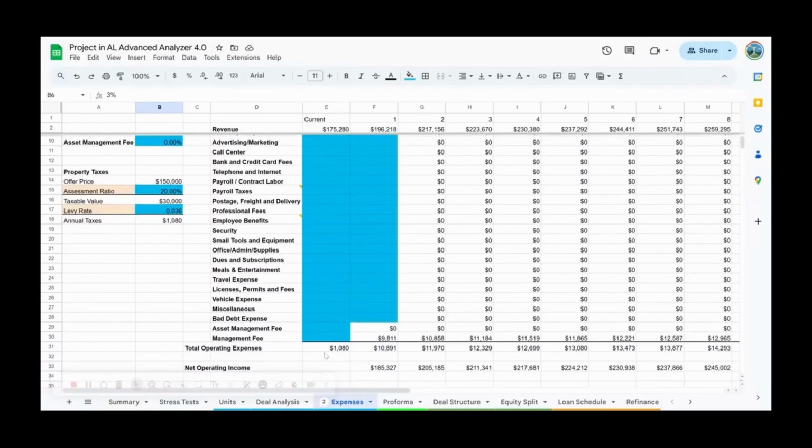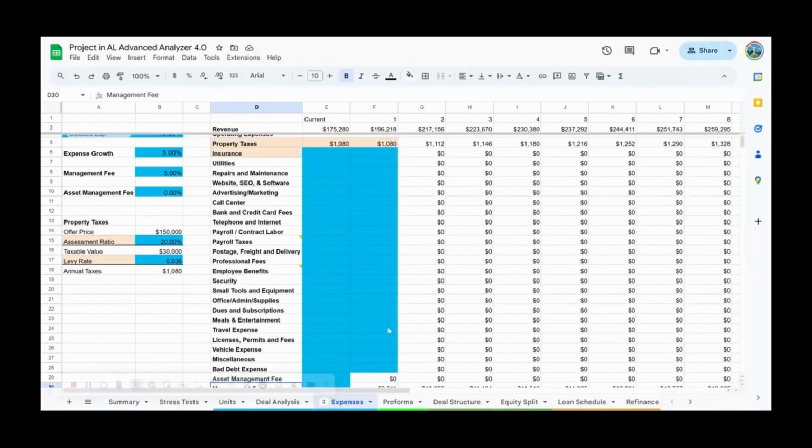And down at the bottom here, you have an asset manager and a management fee. And those are calculated using these two cells up here, B8 for the management fee and B10 for the asset management fee.